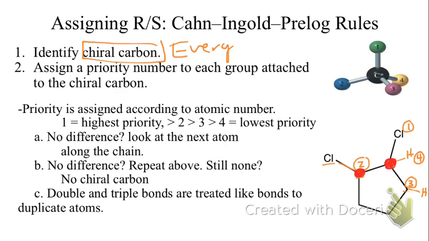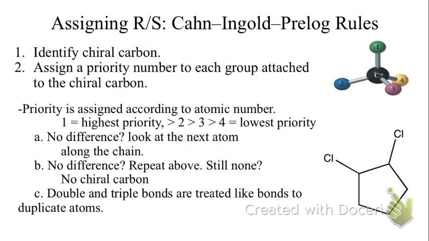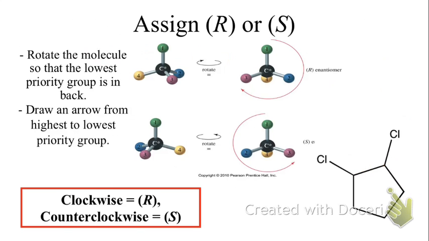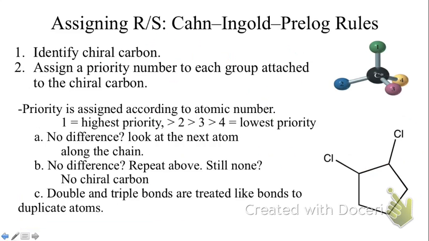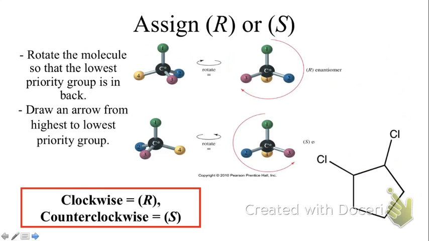I know you all love nomenclature. Here's where it gets messy. The very last step, sorry that was a bit of a leap, at that point we haven't actually identified what our configuration is. We've just gone through and assigned these priorities. So the very last thing we need to do is assign our configurations.